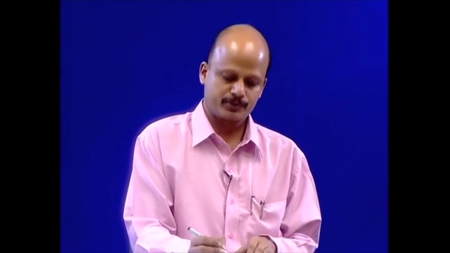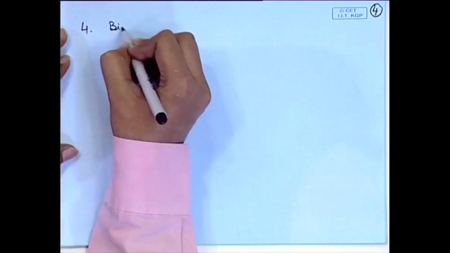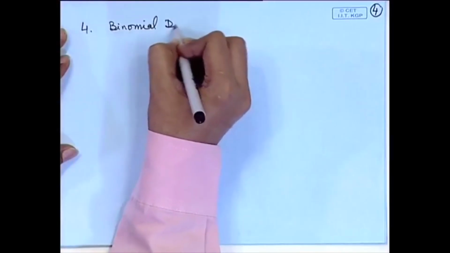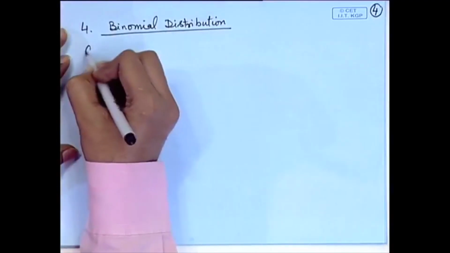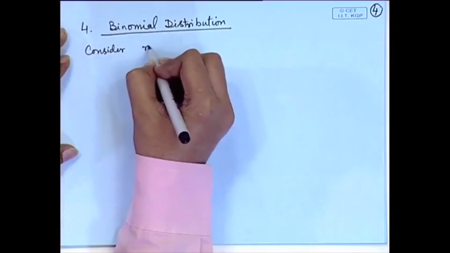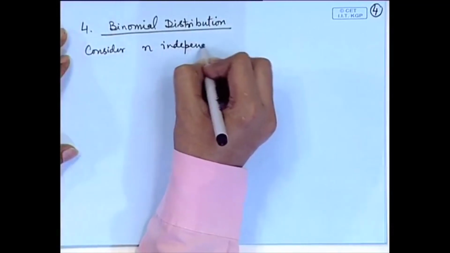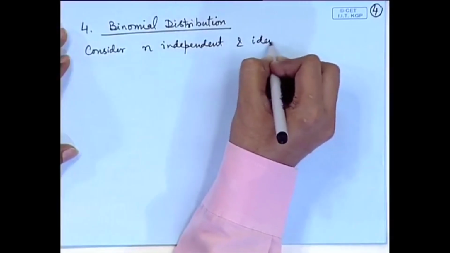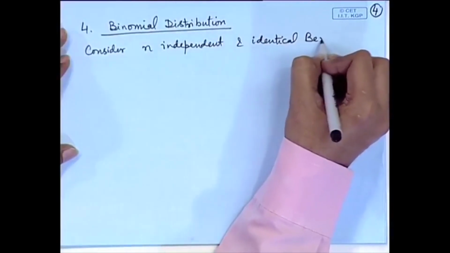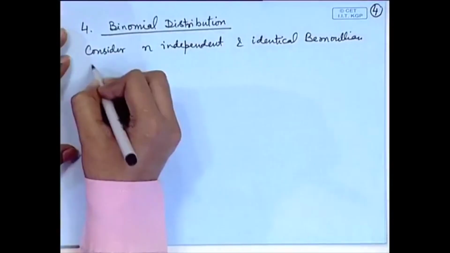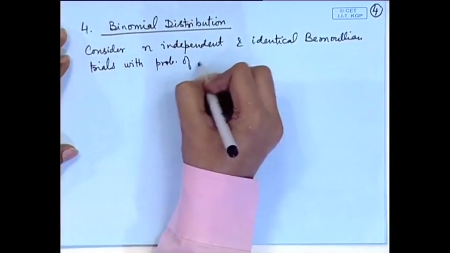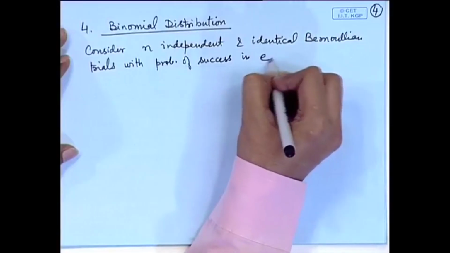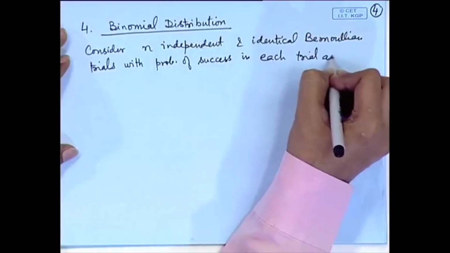Now, an immediate generalization of the Bernoulli distribution is the so called binomial distribution. So, consider n independent and identical Bernoullian trials, with probability of success in each trial as say p.